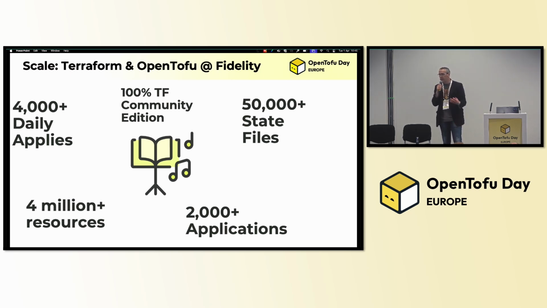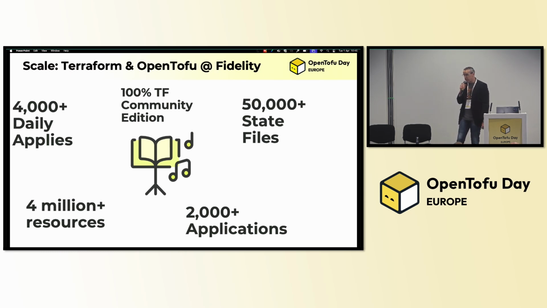It's been getting quite popular over the last few years within Fidelity, and just to give a sense of the scale, we now have well over 2,000 applications using Terraform and OpenTofu. Between them, they probably account for well over 50,000 individual state files, and combined they're looking after over 4 million individual resources deployed.